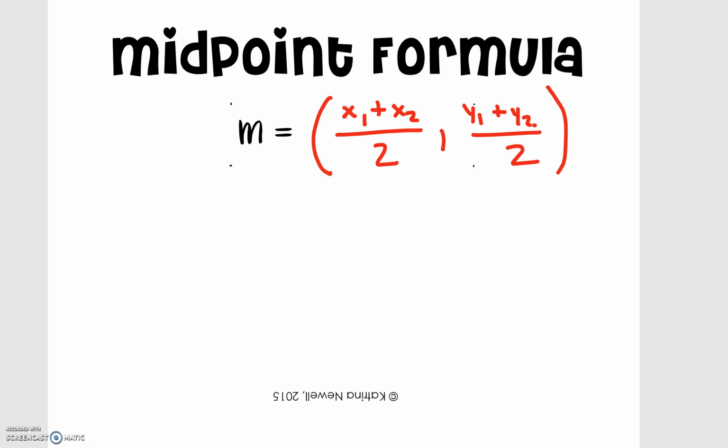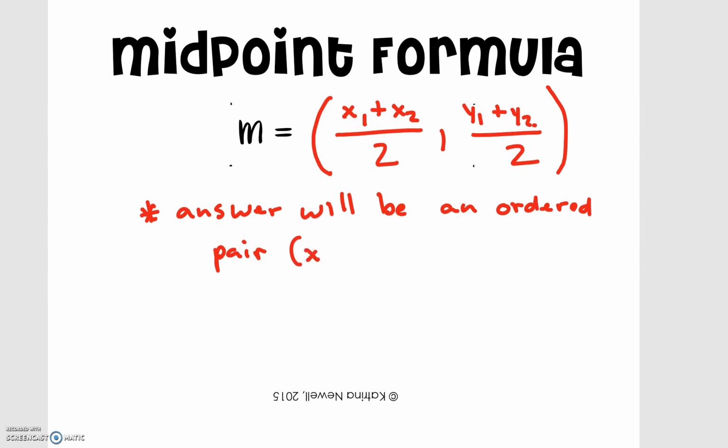And just know your answer will always be an ordered pair. So that's the midpoint formula. And just know you can pause the video and rewind if you have to.